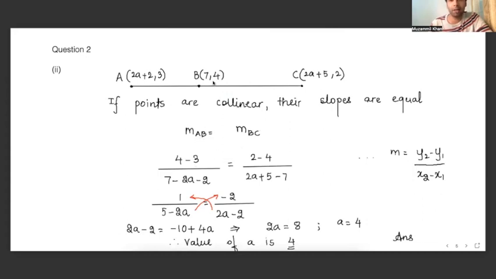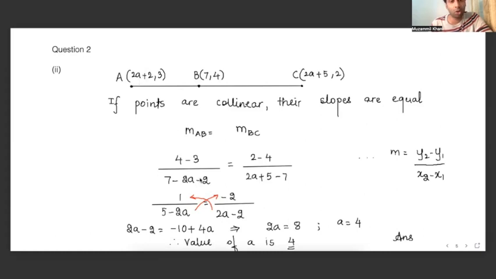I've started with AB. So 4 minus 3, because 4 is y2 and 3 has been considered as y1. And similarly, in the denominator, we have 7 minus 2a minus 2. Many students go wrong while assigning the negative sign to the first term, that is 2a plus 2.